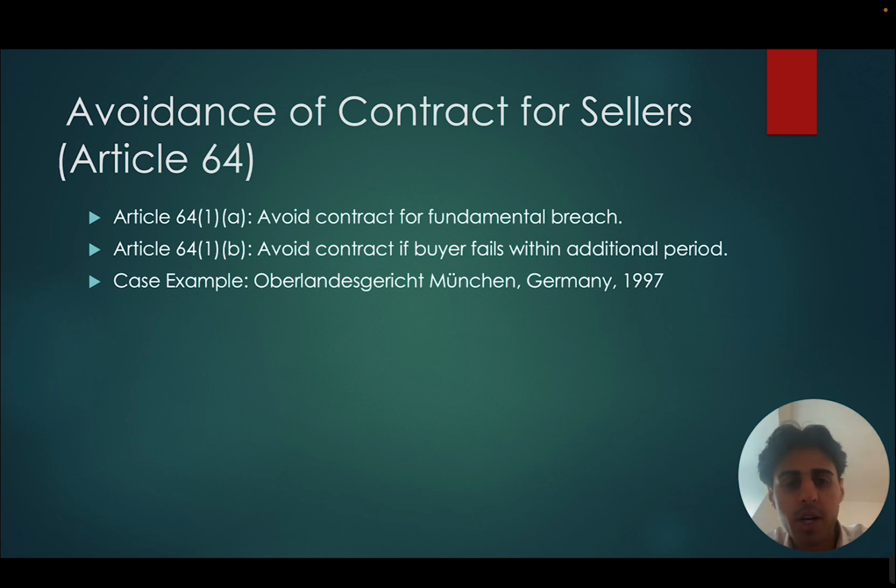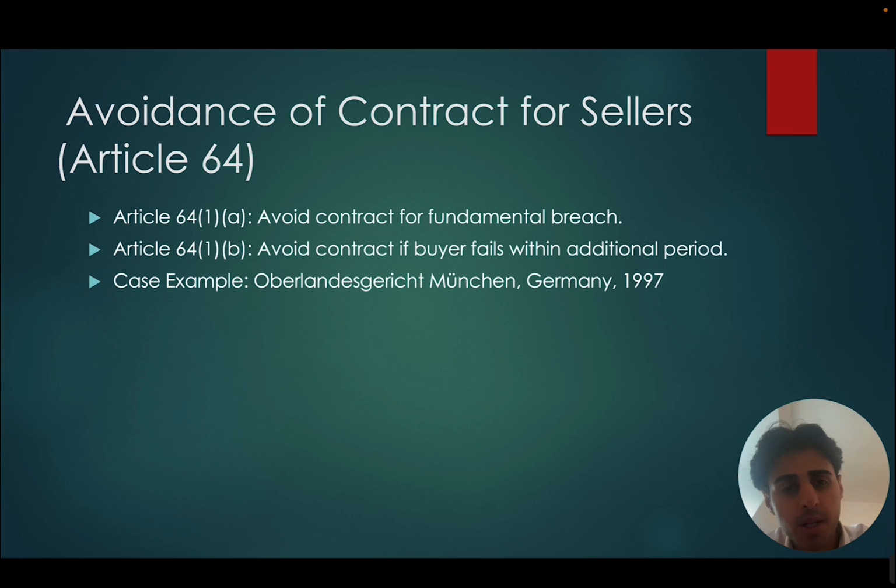Specifically under Section A1 of Article 64, sellers may avoid the contract for any fundamental breach, such as non-payment or refusal to take delivery. Section B1 of Article 64 also permits avoidance if the buyer fails to perform within an additional period fixed by the seller. This remedy allows sellers to terminate the contract and seek alternative resolutions mitigating their losses.